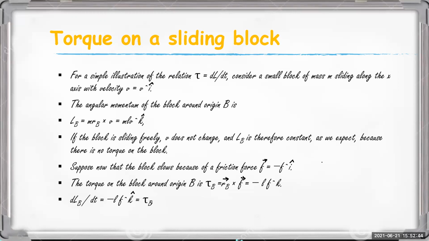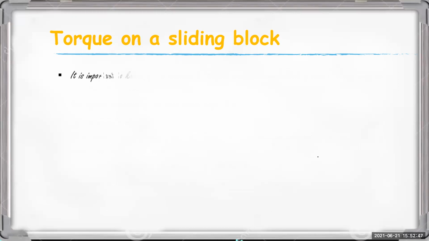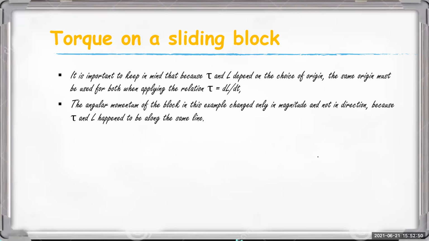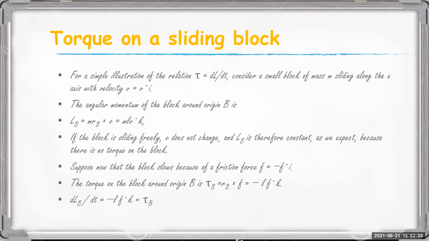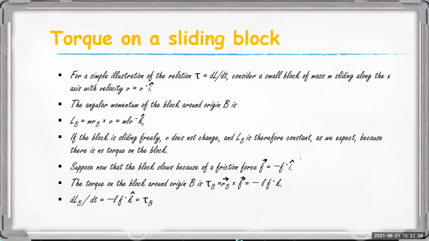Here actually LB is equal to m L V. Then we have to find dLB by dt.